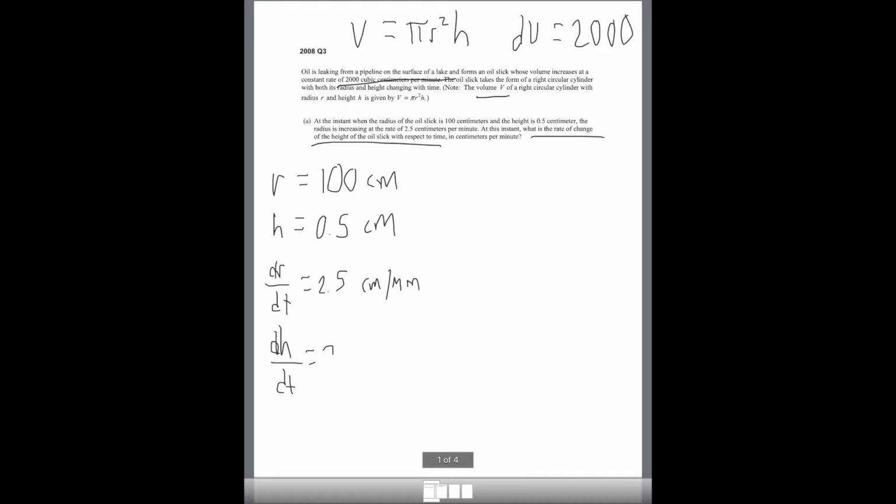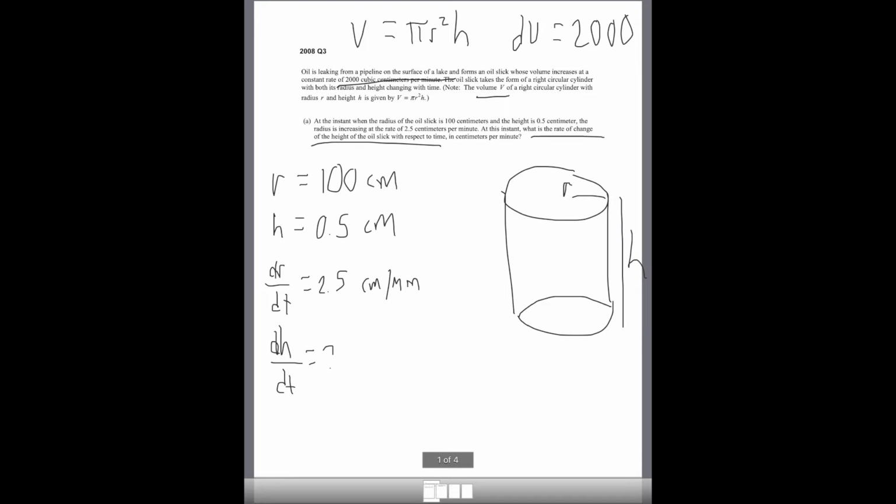Now, to get this, and normally this is just a side note, whenever you're given something like this, I believe this is what it would look like, a right circular cylinder. You just need to know that R and H are proportional.